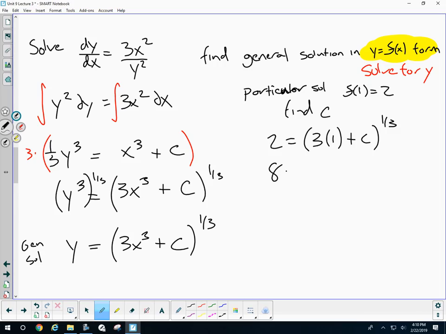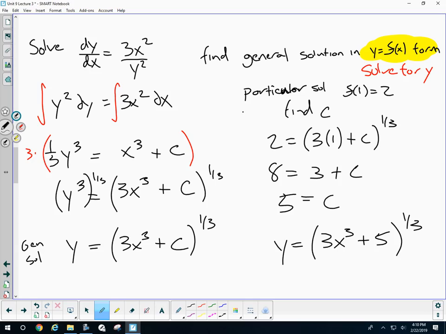Cube both sides. C is equal to 5. Fantastic. Y equals 3x cubed plus 5 to the 1/3. This is my particular solution. Next one.